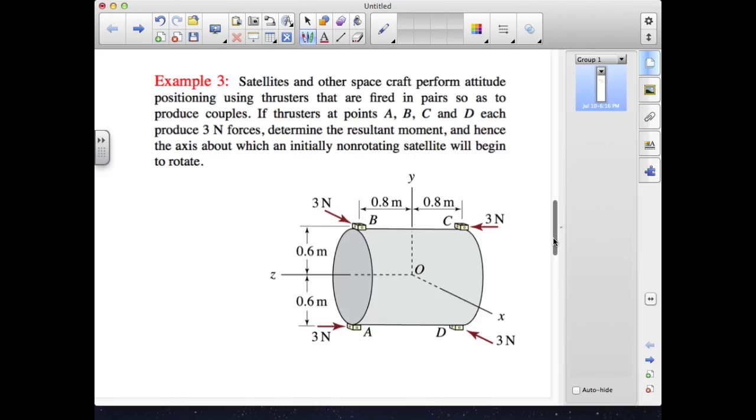As an aside, many of you will learn in a fluid mechanics course that thrust, which is a force, is determined from the product of mass flow rate and flow velocity. So thrust can be written as a mass flow rate times a velocity vector.